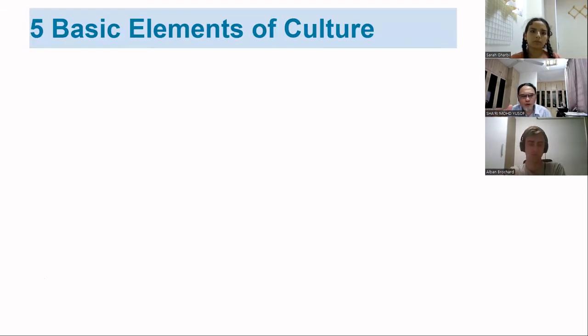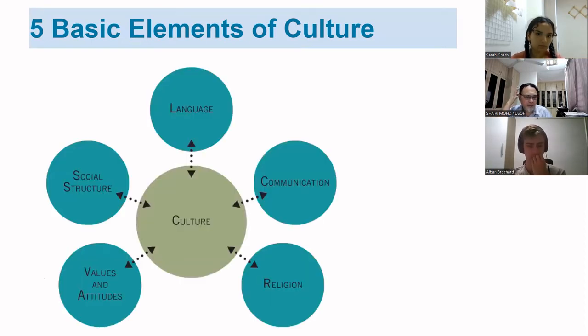Now we move on to discuss the basic elements of culture. There are 5 basic elements of culture, as explained and developed; it must have some reference. So the first one is social structure.